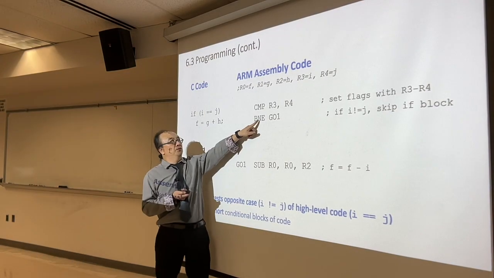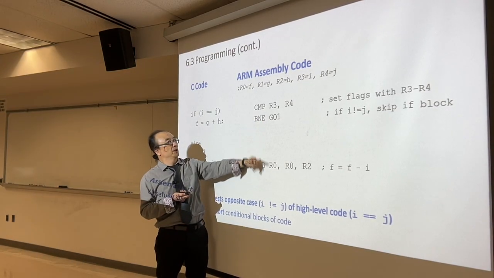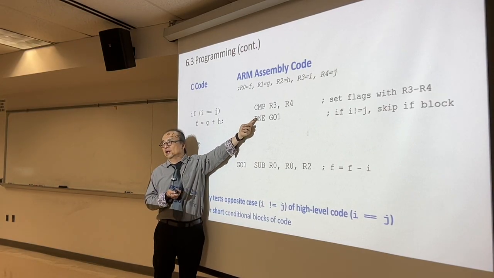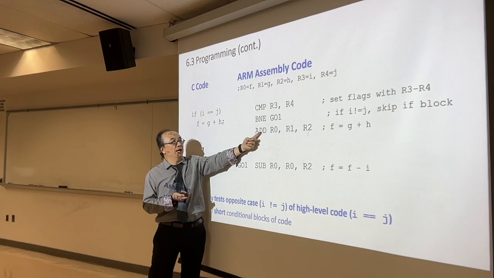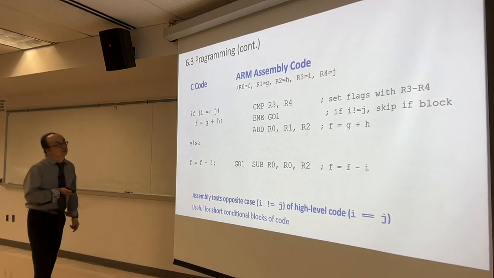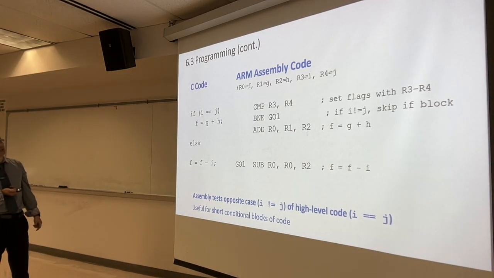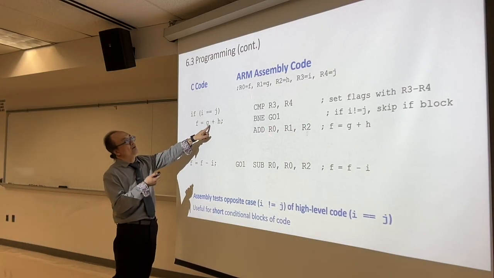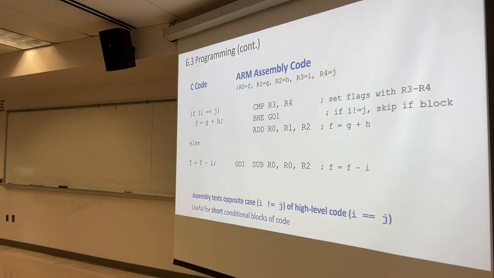And then if they are not equal, we go there. But if they are equal, we need to add. So right after this, if we are not taking this branch, we need to add G and H. G is R1. H is R2. So G plus H, you put it back to F, which is R0. Are we good? Are we done?